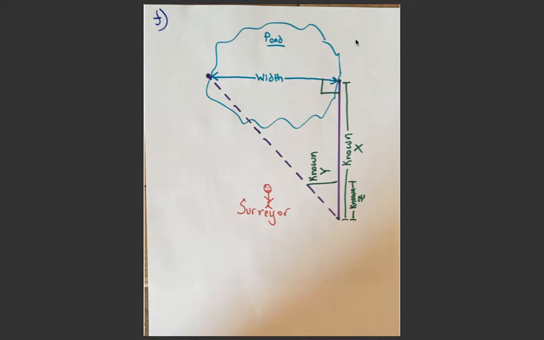We backtrack some known distance z, and then measure perpendicular from that known distance x some known distance y. So we create these two 90-degree angles, and then we have this shared angle. Then we use our understanding of similarity and dilation to determine the width of the pond.